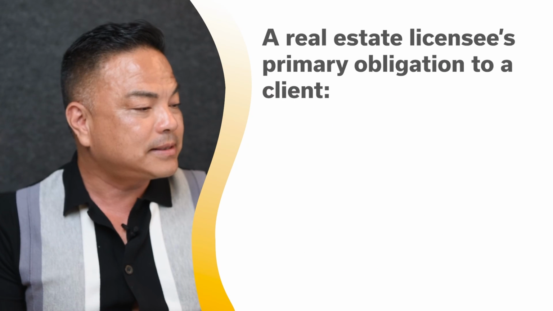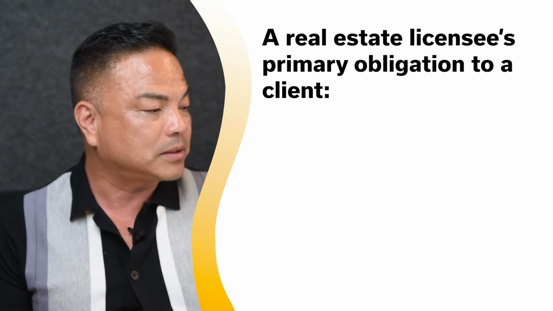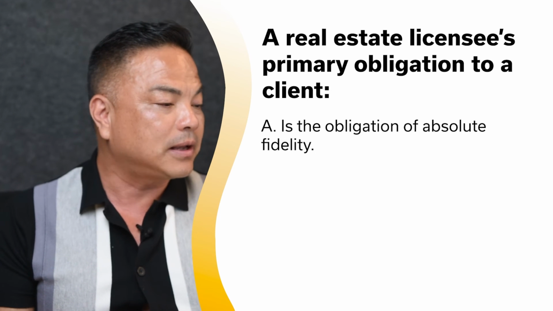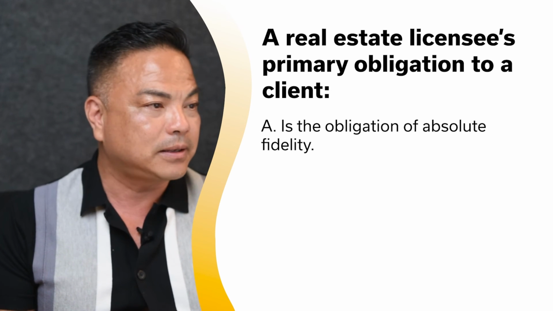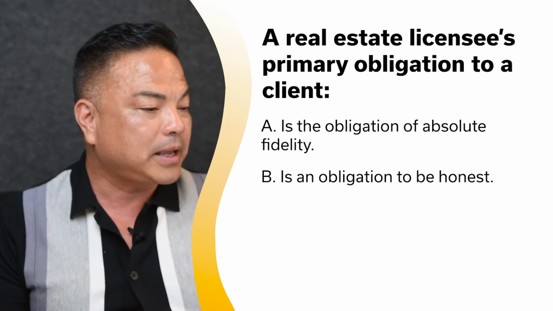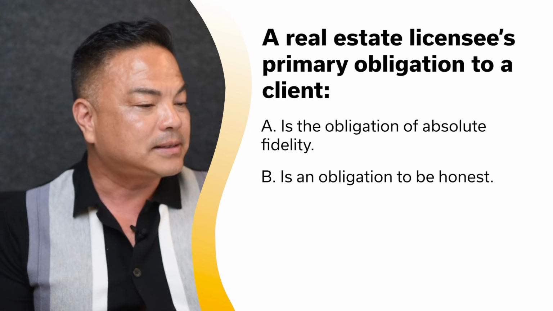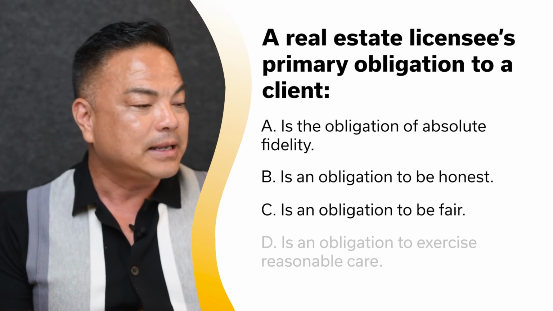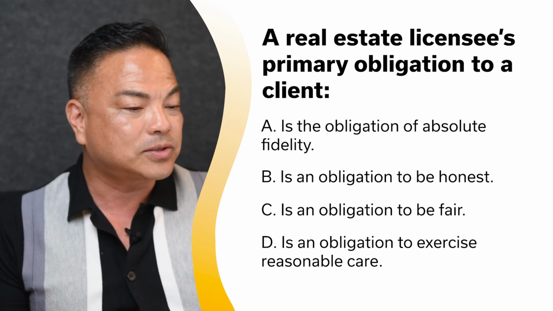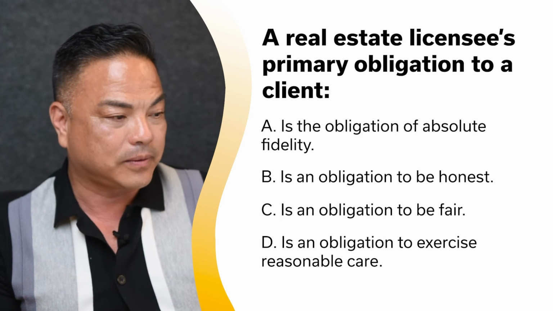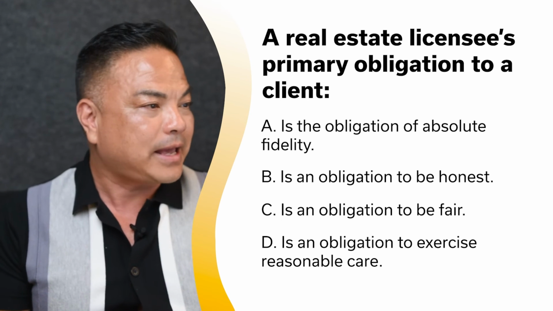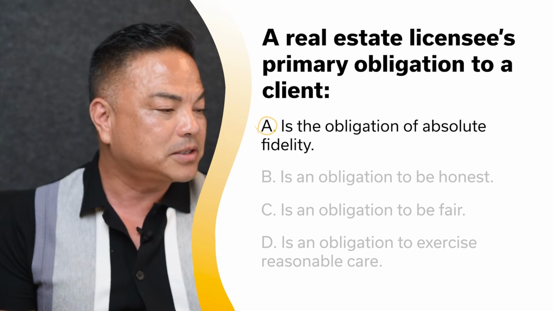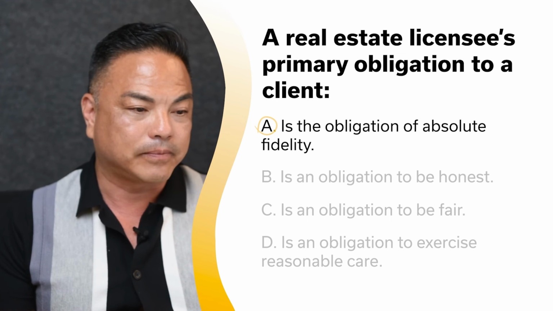A real estate licensee's primary obligation to a client: A, is the obligation of absolute fidelity; B, is an obligation to be honest; C, is an obligation to be fair; D, is an obligation to exercise reasonable care. And the answer is A as in apple, an obligation of absolute fidelity.